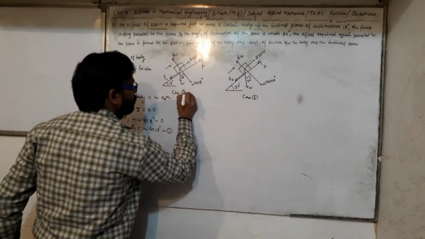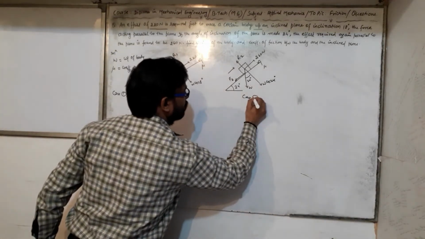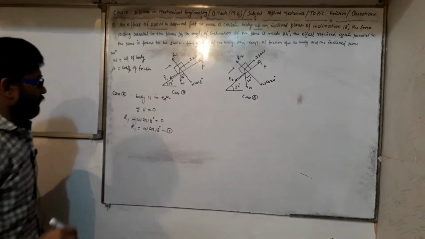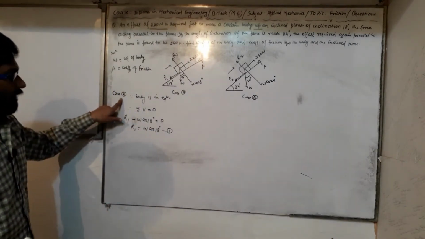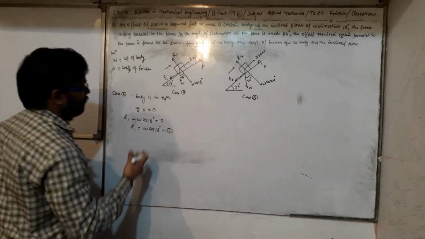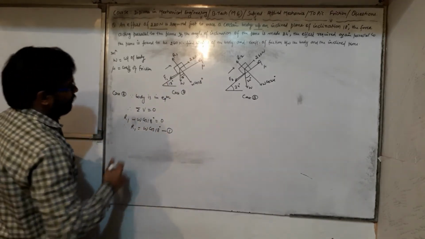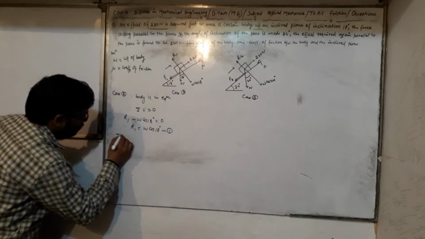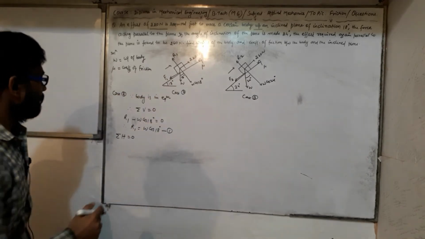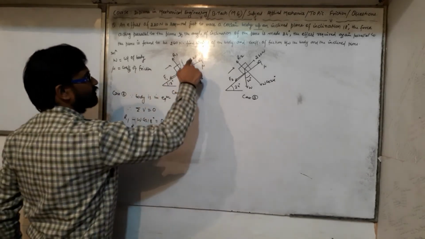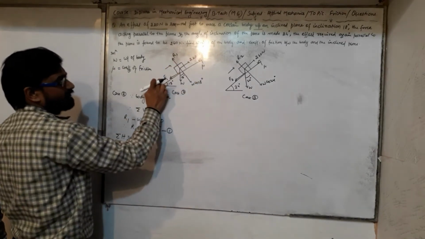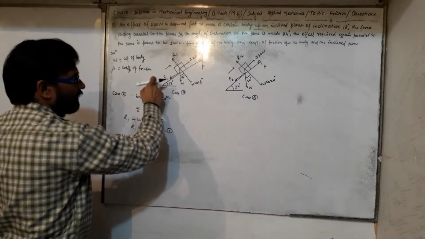Now here I am taking case A and here case B. I am dealing with case A, because 1 and 1 both will match, otherwise a confusing situation would be created. So summation of horizontal forces must be equal to 0 since the body is in equilibrium for case A. So here there are two forces. One is 220 Newton acting parallel to the inclined plane, and one is frictional force F1 acting in downward direction to this.